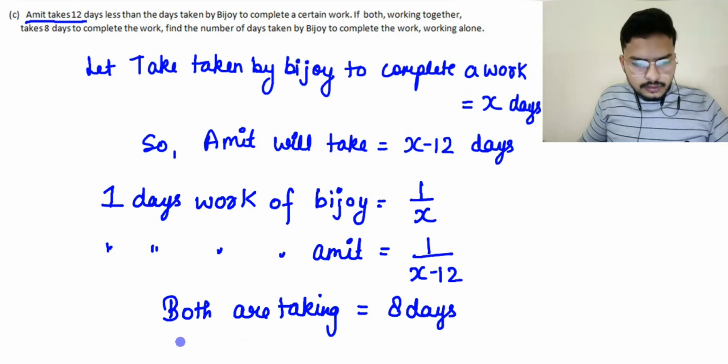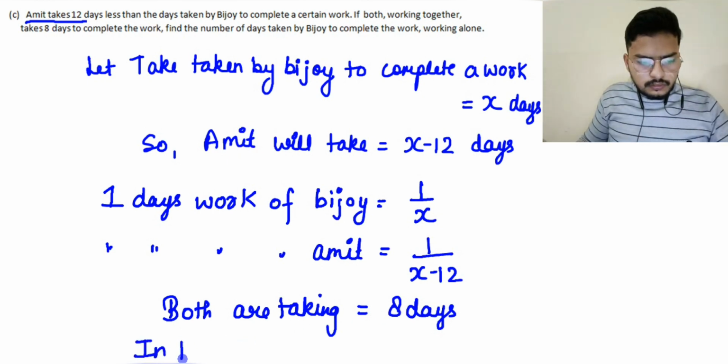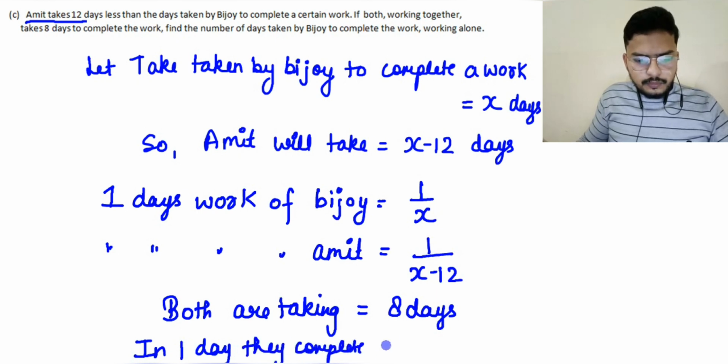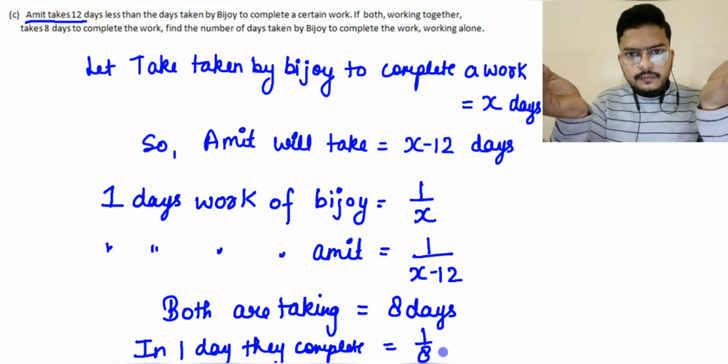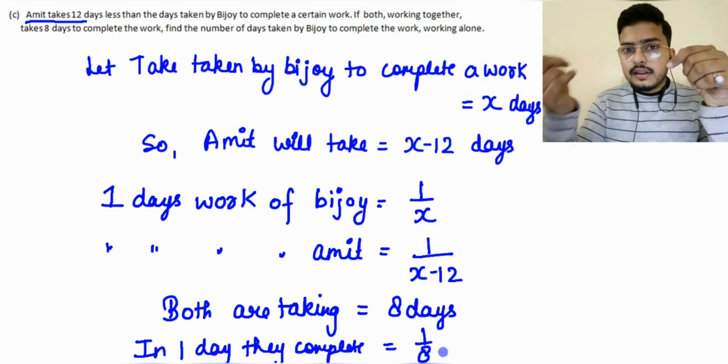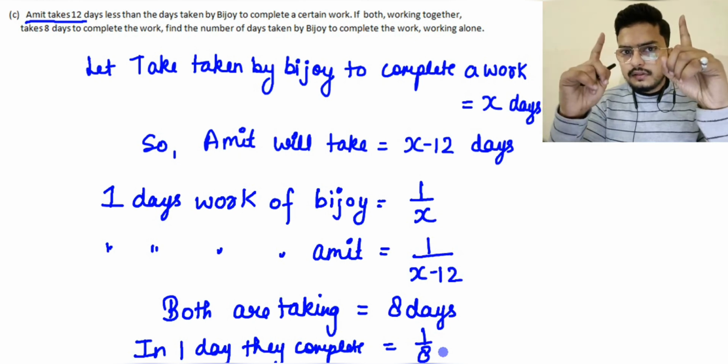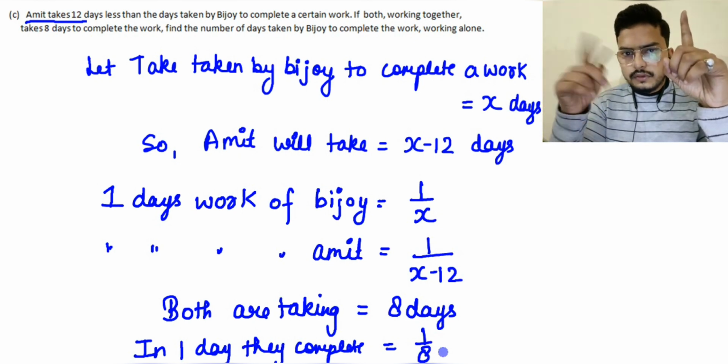So in one day how much work do they complete? 1 by 8, because they are completing the work in 8 days. So in one day they must complete 1 by 8 of this particular work.